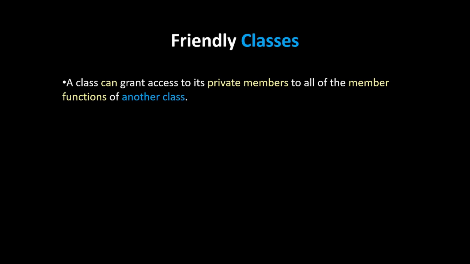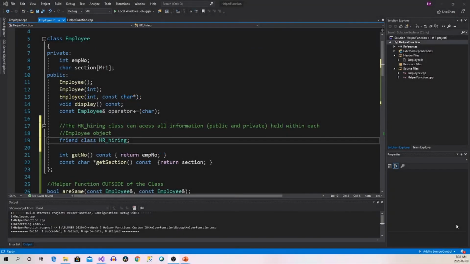Friendly classes. We talked about friend functions. Now you need to be aware that there is such a thing as a friend class. So a class can grant access to its private members to all of the member functions of another class. What we're looking at here is an example of a friend class, and it's actually defined inside of my employee class.